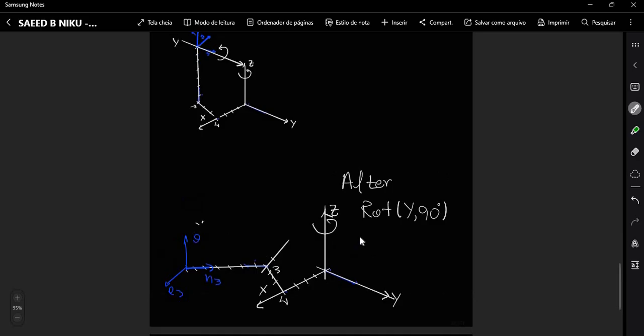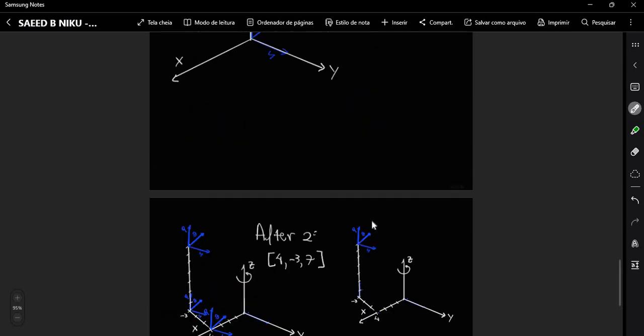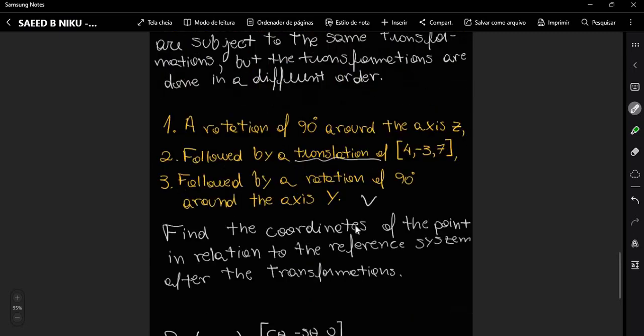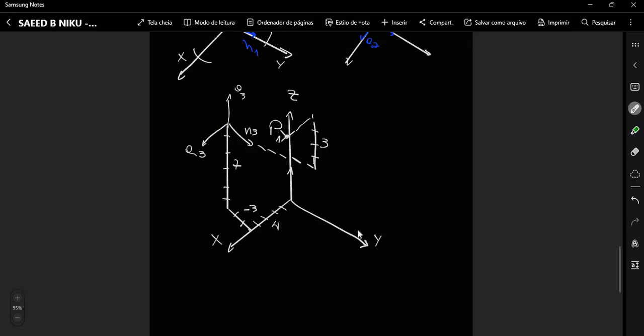So look, the position of the point is right here, and on the example 2.8, the position of the point ends right here.